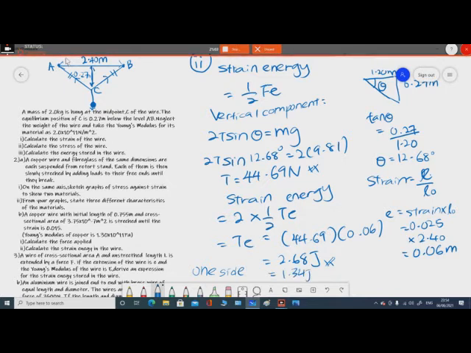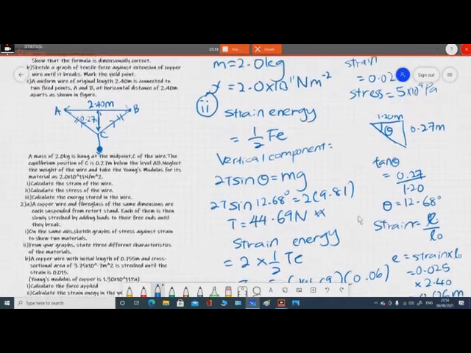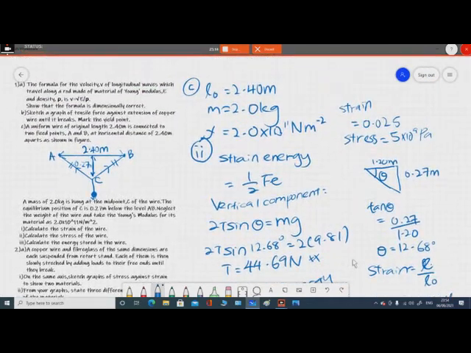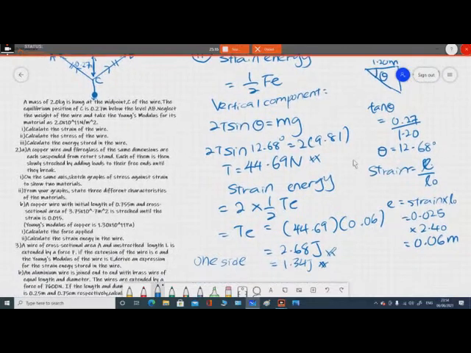So this is the answer that is indicated in the book. Okay, so this is how we find the answer. So we have done number 1.